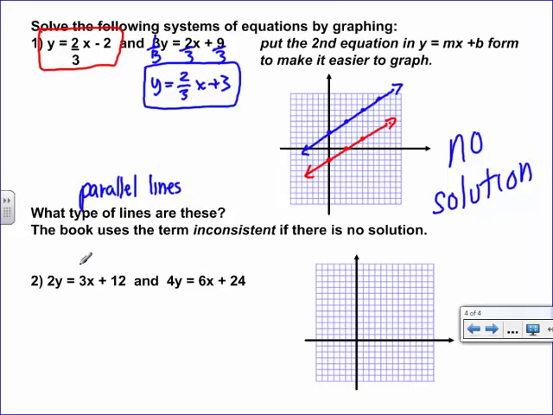Okay, let's move down to this example here. It looks like one step will get this one into slope-intercept form. And the second one.